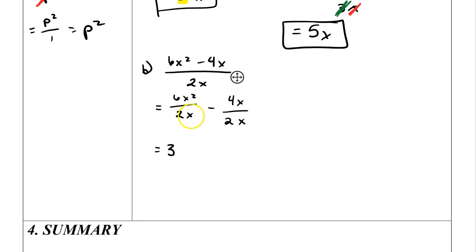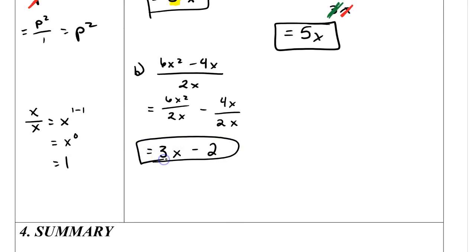X squared divided by x is simply x, minus 4 divided by 2 is 2. X divided by x is just 1. What do you mean? X over x is the same thing as x to the 1 minus 1, which is the same thing as x to the power of 0, which is always 1. So this is my answer. I put a box around it and I'm done.